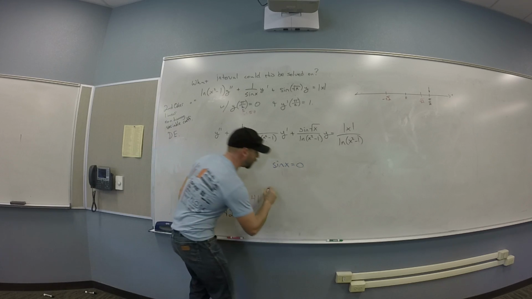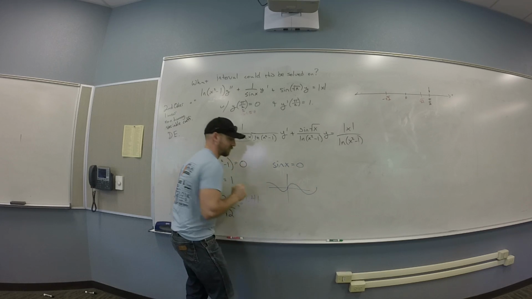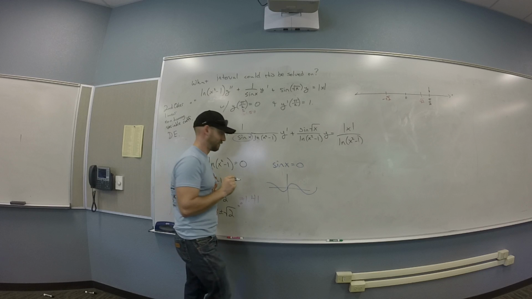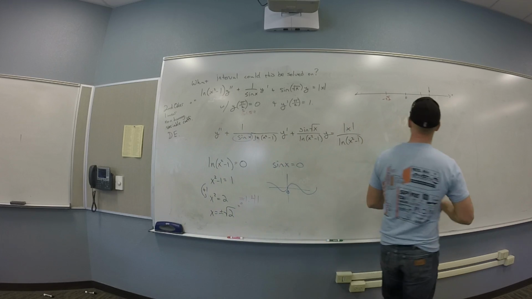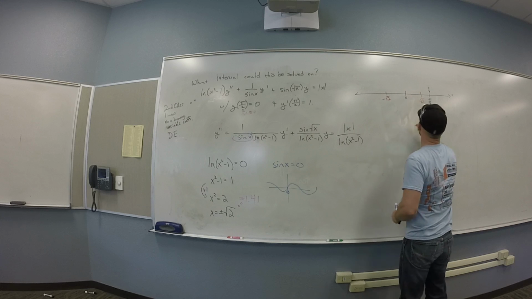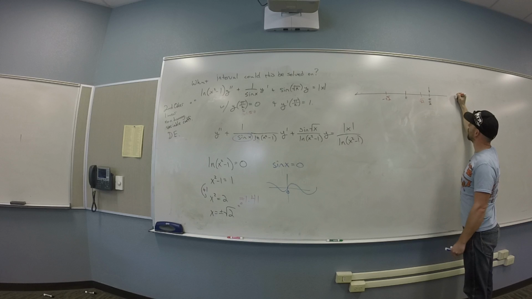For that one, I probably get a picture of sin x out of my head. It looks like this. It's 0 at 0, and then at integer multiples of pi: pi, 2 pi. So 0, and then pi is going to be over here somewhere.